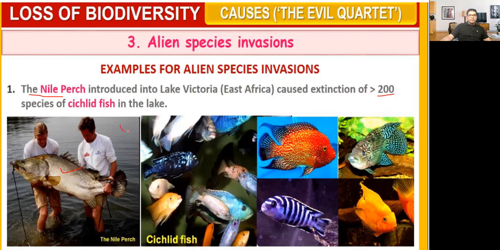Earlier, this Nile perch was not there. When it was introduced, it was responsible for the extinction of more than 200 species of cichlid fish. These are cichlid fish. They became extinct because of the introduction of Nile perch. So Nile perch is what? Alien.